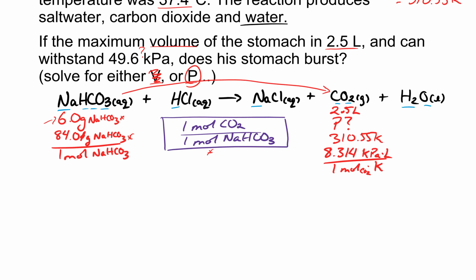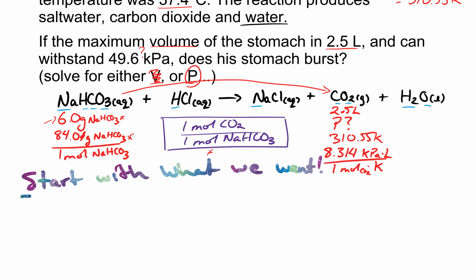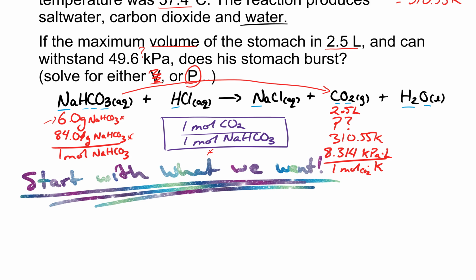Okay, here we go. In every single stoichiometry problem, no matter what, we start with what we want. What do we want here? We want the pressure. What is the resulting pressure going to be inside this person's stomach?